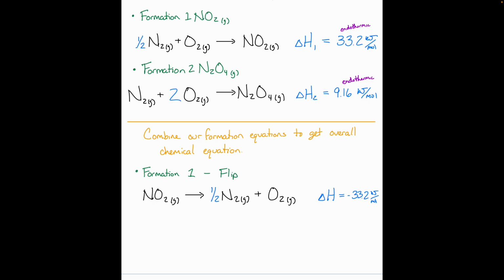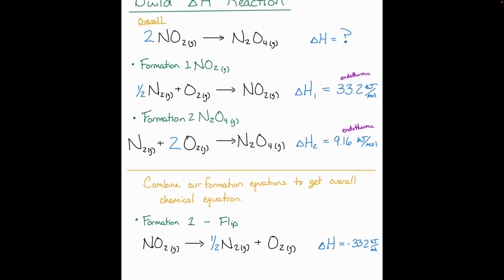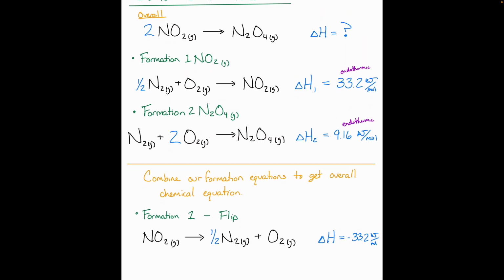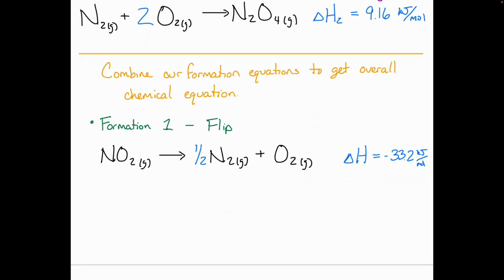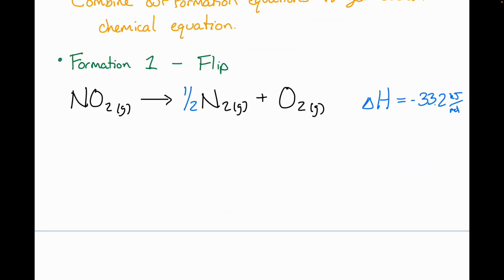Okay? Cool, so now I have that nitrogen dioxide on the reactant side, but let's pay attention to our coefficient here. If I want to add these all up to get my overall reaction, in my overall reaction I've got a coefficient of 2. So what should I do to this formation chemical equation? I'm going to multiply the whole thing by 2, right? You can't just pick and choose. You've got to take the whole thing and multiply it by 2. So not only are we going to flip, we're also going to multiply by 2.